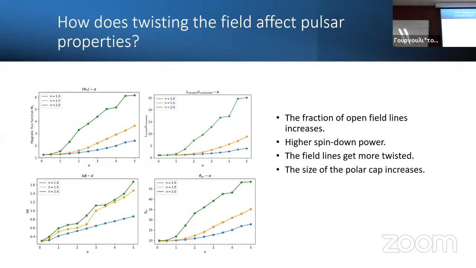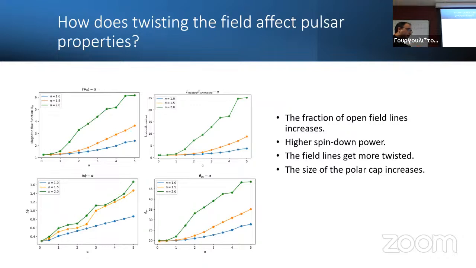So this is by introducing a twist of pi/2. At the same time, the polar cap size will expand, because the last open field line is moved further in. Since the last open field line is moved further in, a much larger part of the star will have open field lines. In the extreme case of the split monopole, of course, the entire hemisphere will be the polar cap.